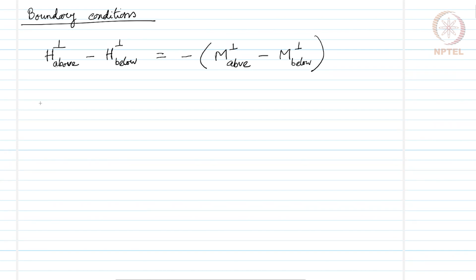And the parallel component: above the surface current, the parallel component of H minus the parallel component of H below the surface current is the surface free current density cross the direction perpendicular to the surface, which is similar to the situation that we have found earlier.